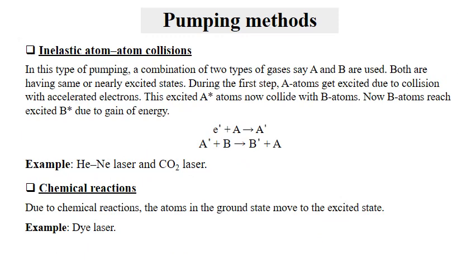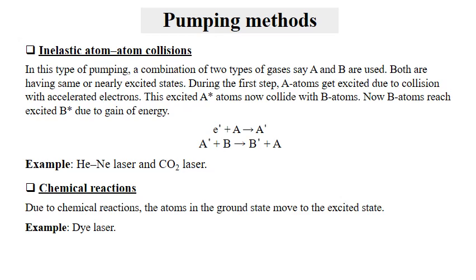Another method is inelastic atom-atom collision. In this type of pumping, a combination of two types of gases, say A and B, are used. Both have the same or nearly the same excited states. During the first step, A atoms get excited due to collision with accelerated electrons. These excited A atoms now collide with B atoms and B atoms reach the excited state due to gain of energy.